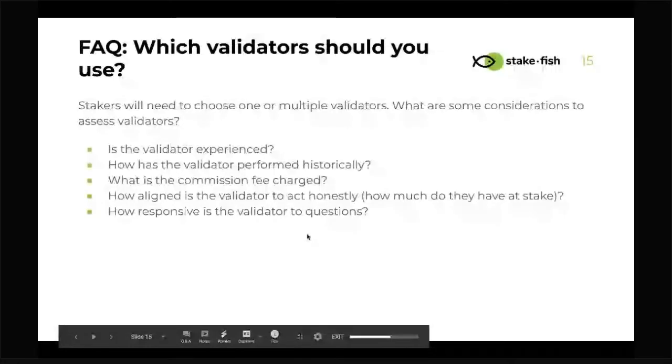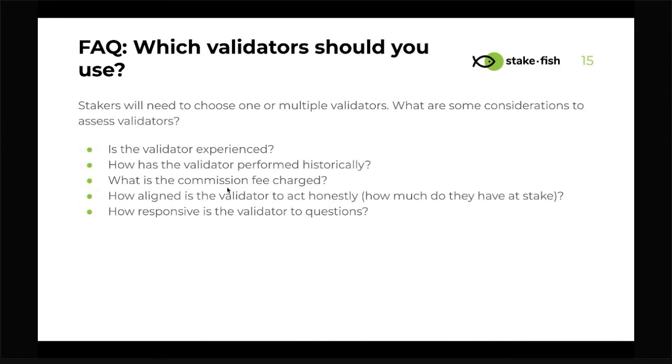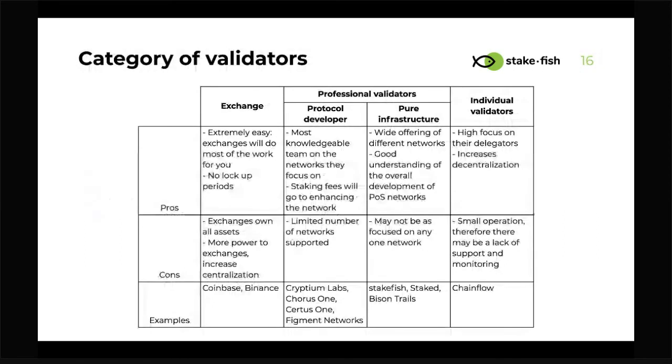Starting with which validators should you choose? There's a few questions that I've outlined here that you should try to find answers to before choosing your validators. And then also there's a quick table where I've tried to categorize what sort of validators exist out there. There's of course the exchange. There's professional validators, but even amongst professional validators, there's two large groups.